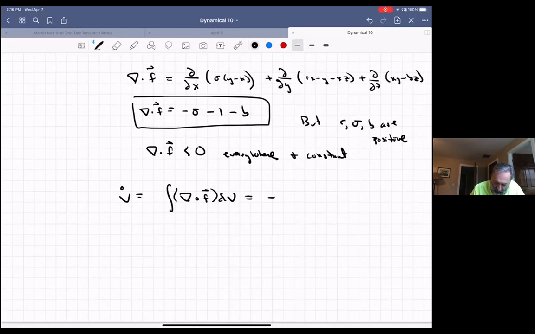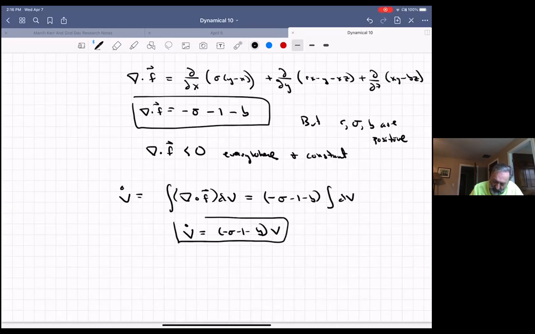Well, apparently it's equal to minus sigma minus 1 minus B times the integral of dV. So apparently V dot is equal to minus sigma minus 1 minus B times V. And that's just a linear first order ODE.